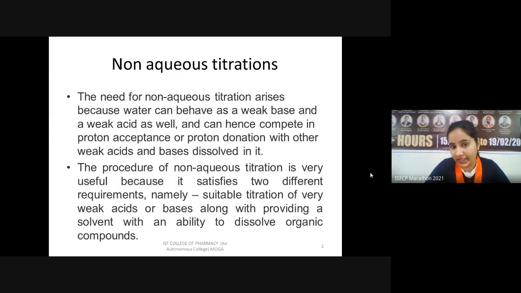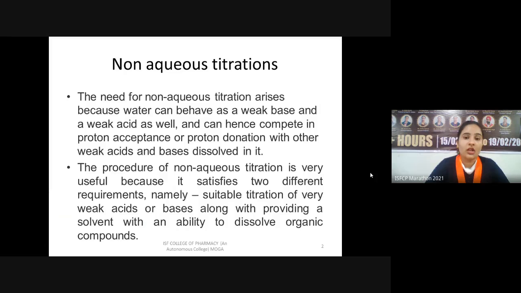This was the major problem in aqueous titrations. When we use water as the medium, the proton ions and hydroxyl ions can interact with another drug which is a weak acid or weak base, and compete in proton acceptance or donation, which may result in error.